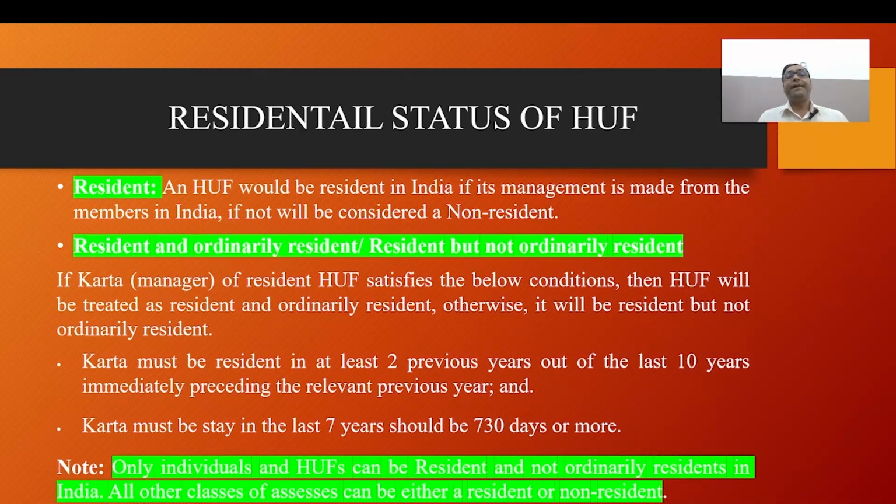If a Hindu undivided family is resident in India, it is to be further determined whether it is resident and ordinarily resident, or resident but not ordinarily resident in India.